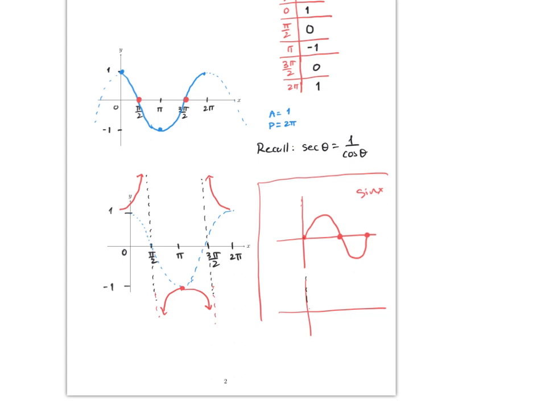So here, here, and here. And then you do the same graph as a direct graph, which looks like this. So therefore the graph for cosecant would look like this. Here and here. Okay? So it's actually pretty simple.